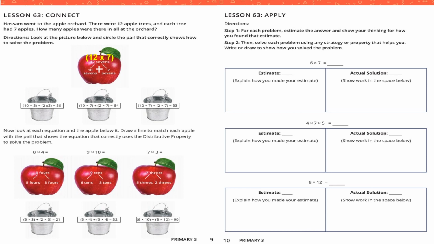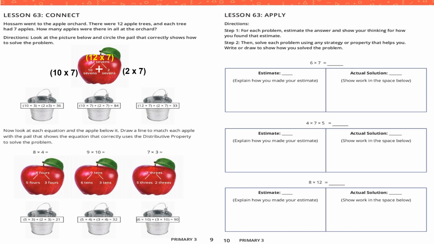So 12 times 7. Here we split this 12 into 10 sevens plus 2 sevens. 10 sevens means 10 times 7. 2 sevens means 2 times 7.